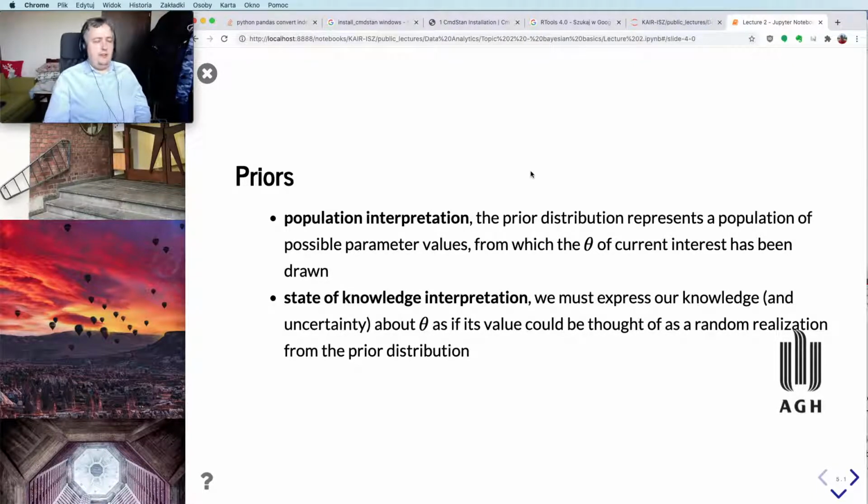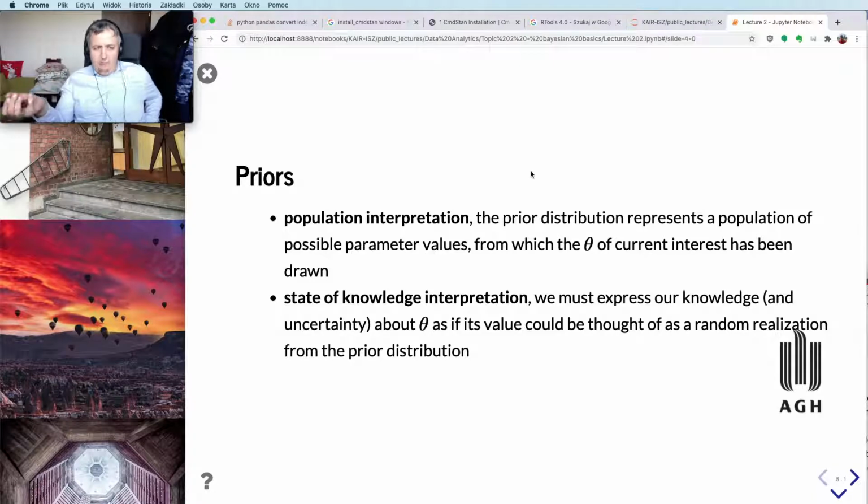We do not have a philosophical consistency between the Bayesian approach and the frequentist approach, and people try to think about how you can interpret this. So the population interpretation is much easier to handle for the frequentist approach because it's somewhat more objective in certain situations. Because the population interpretation says that the prior represents the population of possible parameter values that theta can come from.